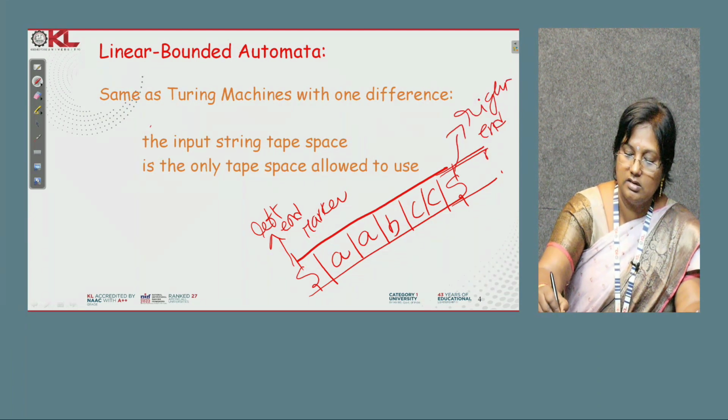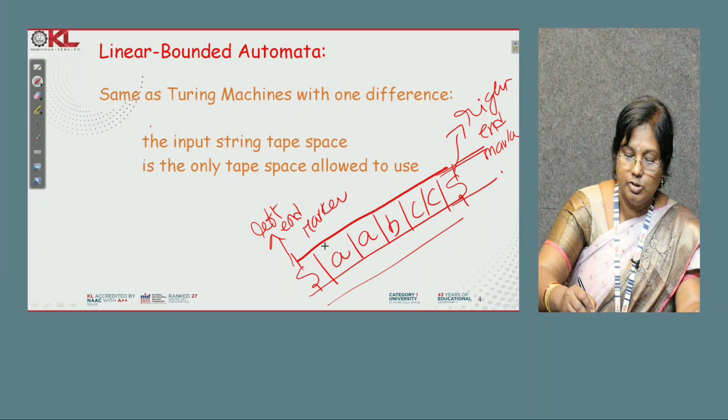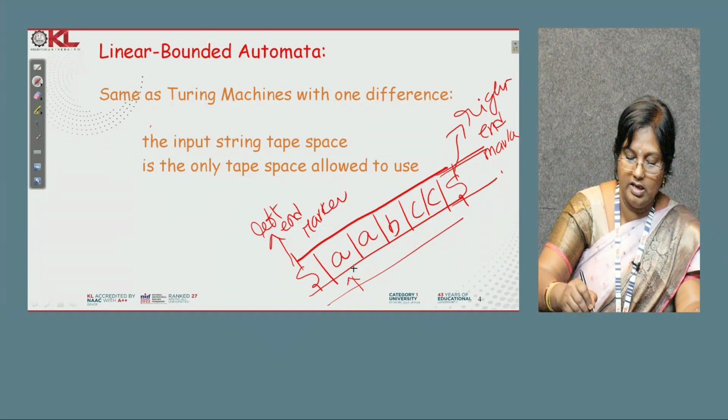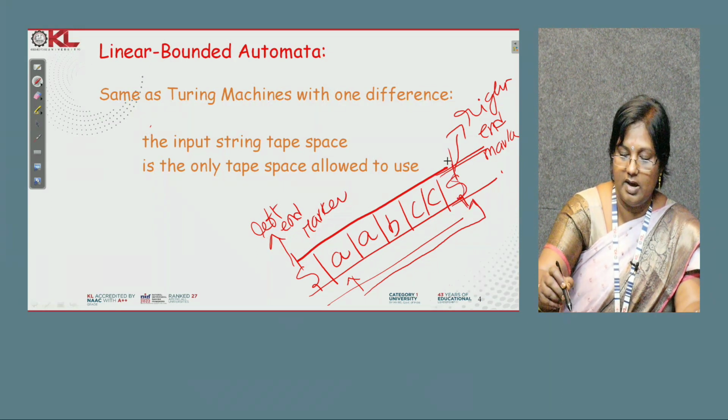So there is some restriction for the input space. Here the finite control is moving, and whenever it moves towards the right end marker, it doesn't allow moving outside of it. The finite control cannot move beyond the limits.